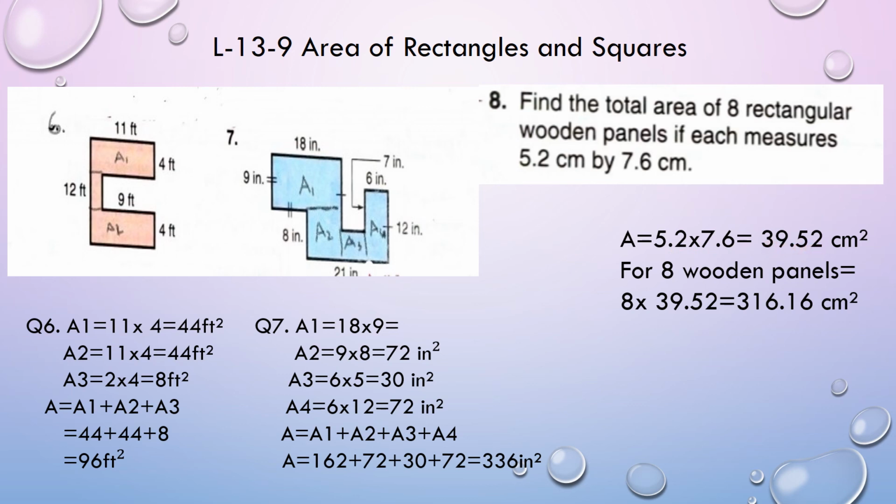And for 8 wooden panels, you can multiply it by 8, because this is the area for 1. Then find the total area of 8 panels. What is the answer? 316.16 centimeter square. Always remember this square, the unit is always in square area. I think this lesson is clear.